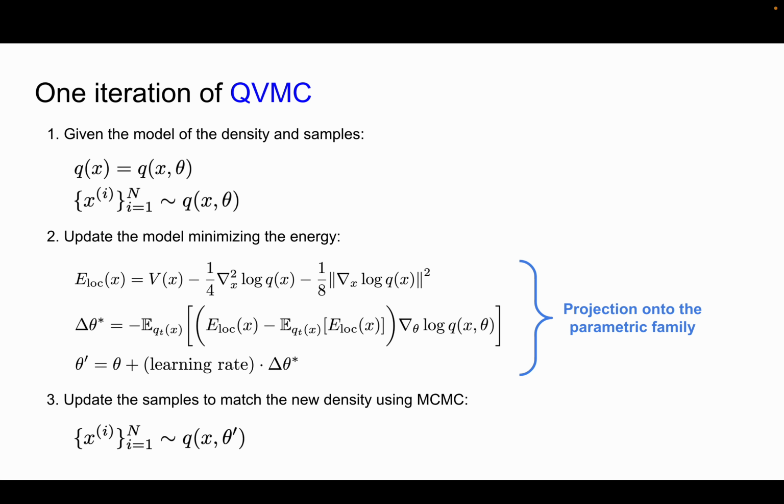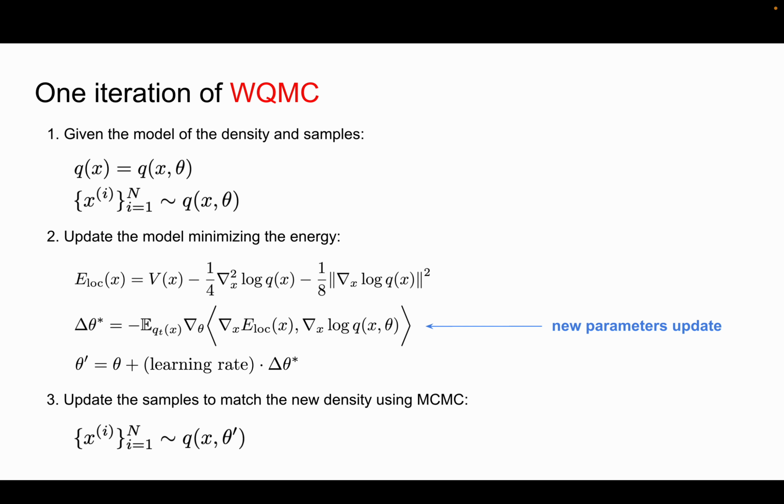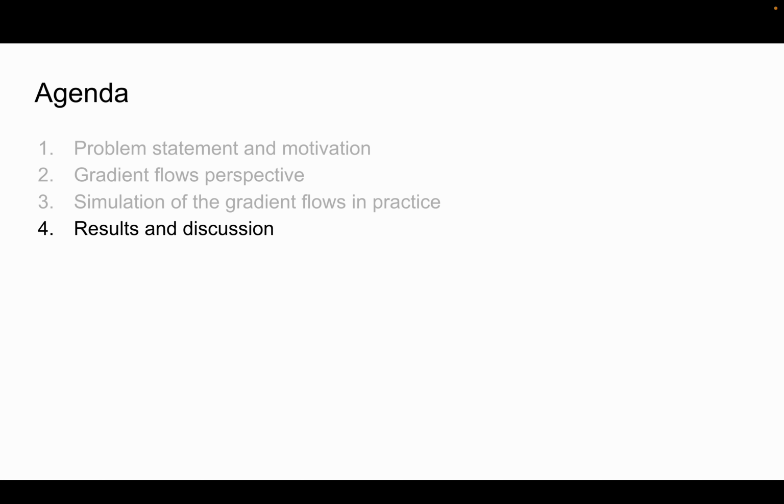In this paper, we propose a different gradient flow and a different update of the parameters. So only the second step changes. Here it is. We propose essentially a different objective for variational Monte Carlo, which incorporates this transportation property that I've shown you before.